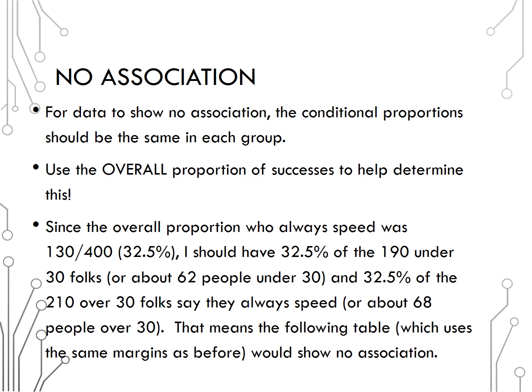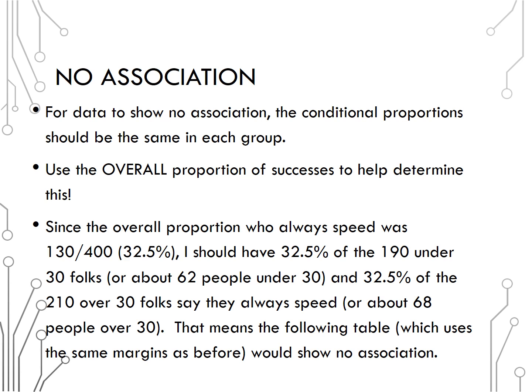Given a table, how could you create a no association? We could use the overall proportion of successes to help us. The overall proportion of people who always sped was 130 over 400, or 32.5%.